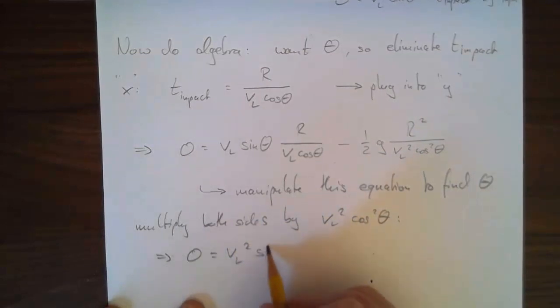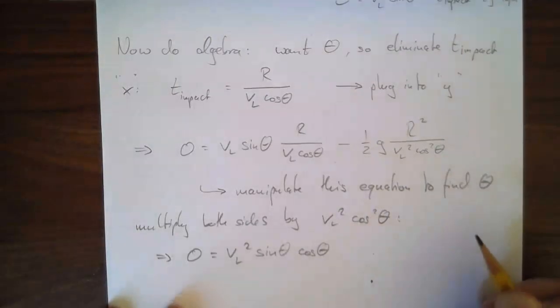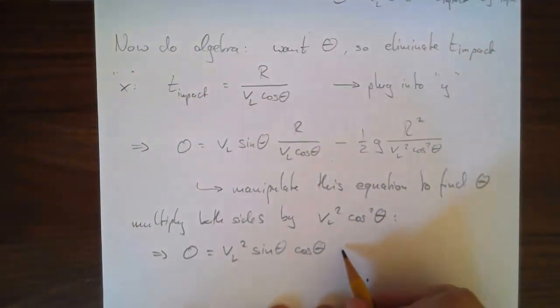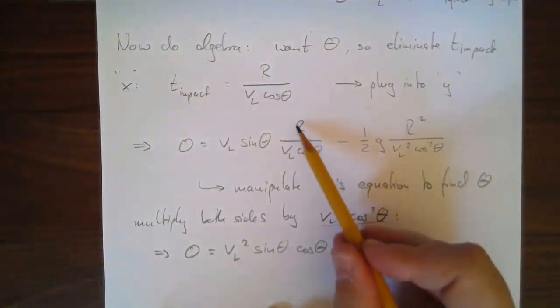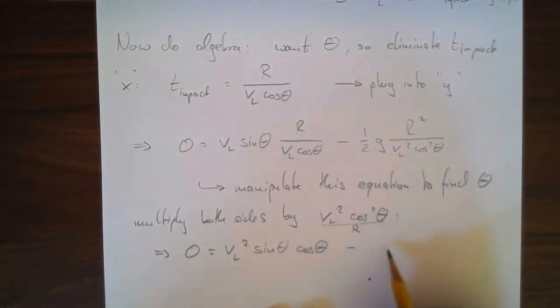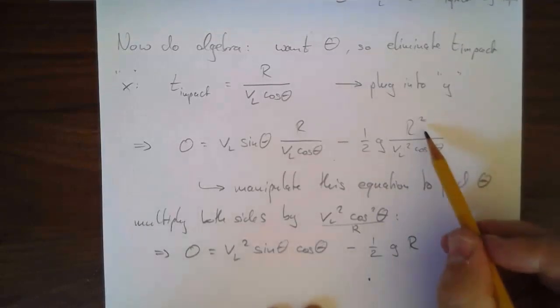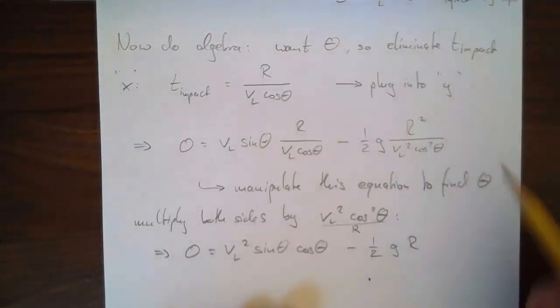So I get a VL squared sine theta cosine theta times, actually let me modify this a little bit, just to save me a step. I'm going to take this divided by r so that I can get rid of this r here, and then minus 1/2 g r, not squared because I divided everything by r.